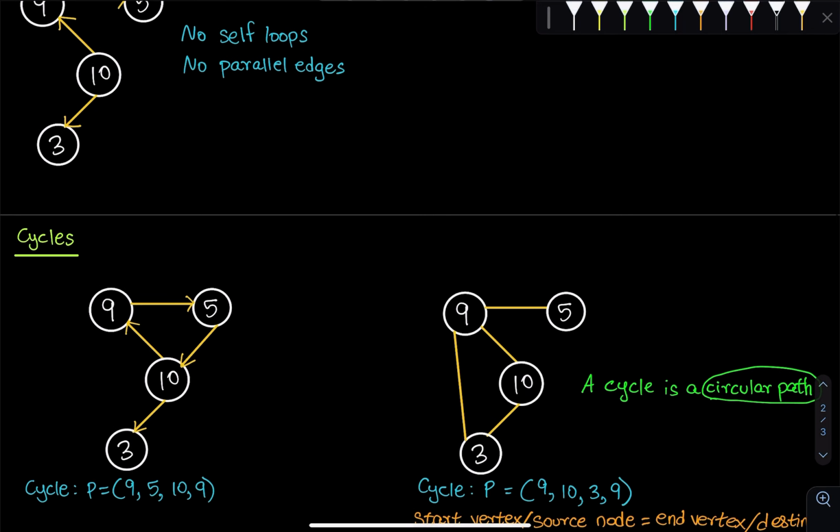For example, there couldn't be 9, 10, 3, 10, 3, 9, because you're repeating 10 twice, and 3 as well. Between the source node and the destination node, only these two can be repeated, but nothing in between. None of the nodes can be repeated, so there cannot be any duplicates in between.